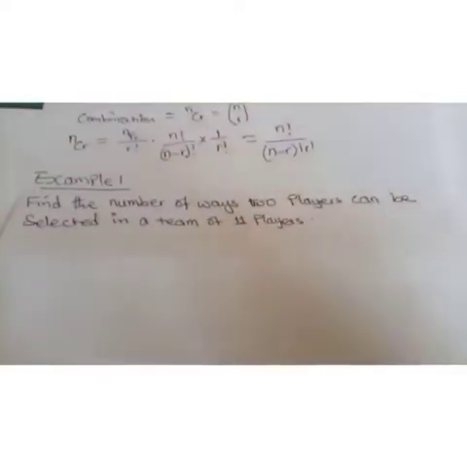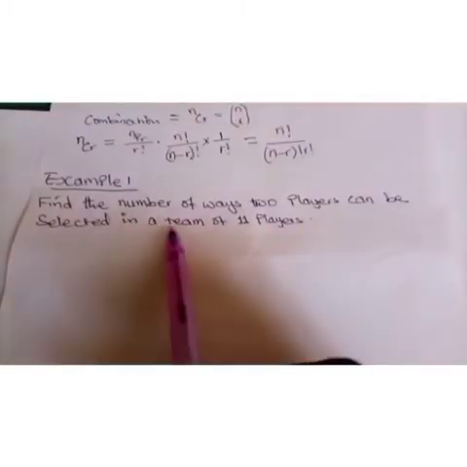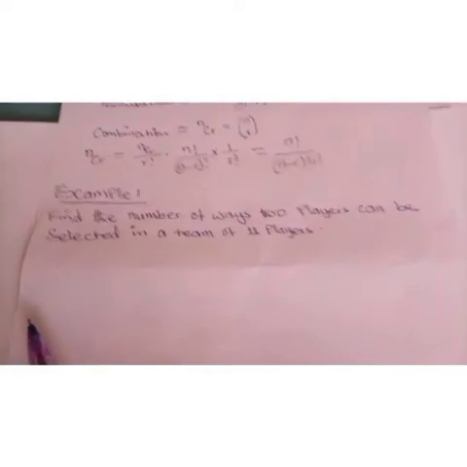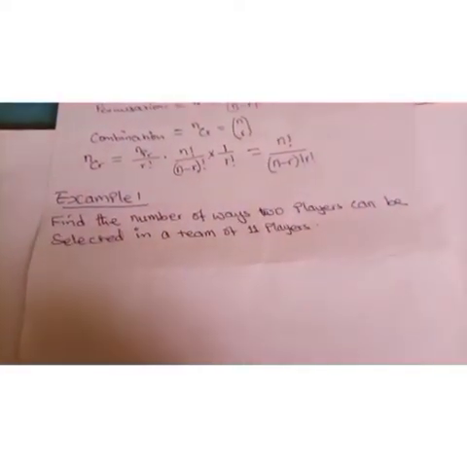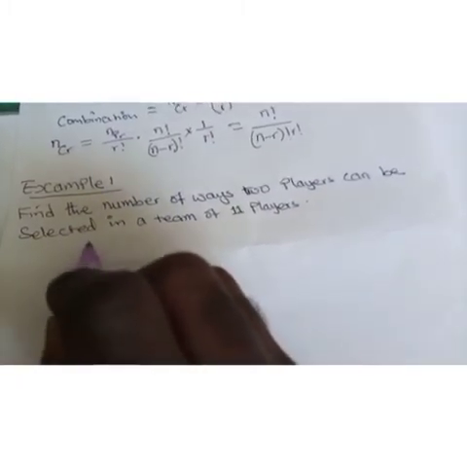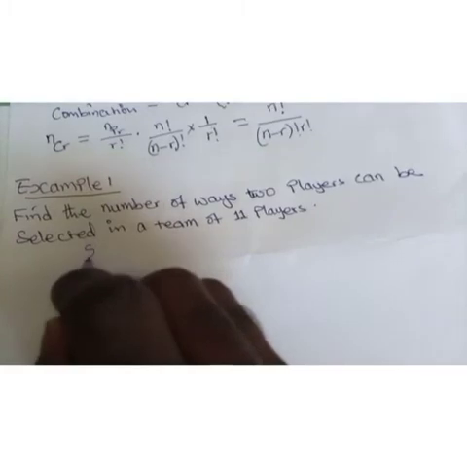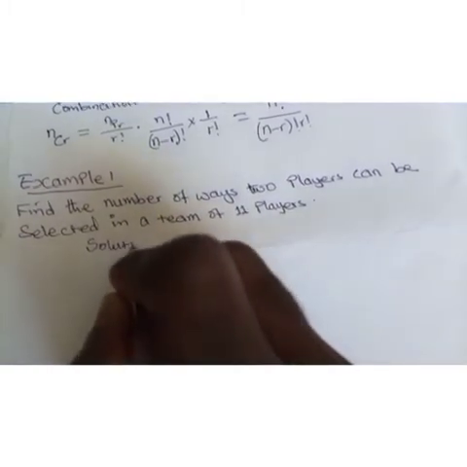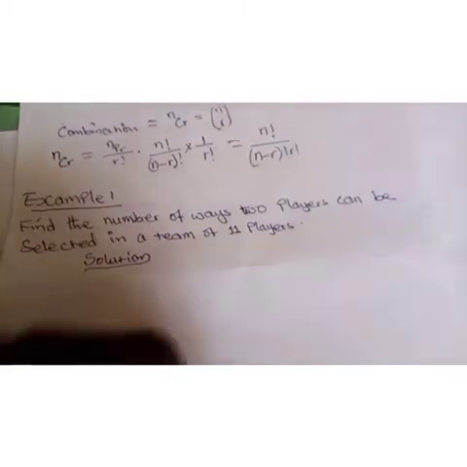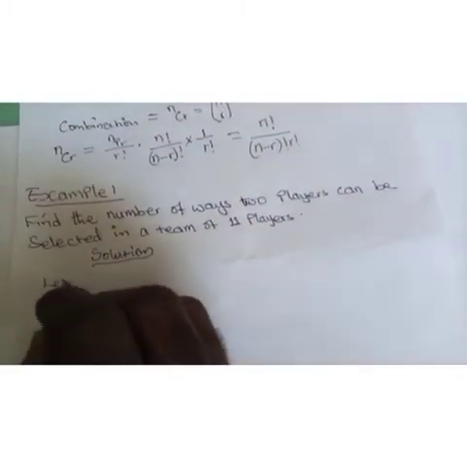Example number 1 says, find the number of ways 2 players can be selected in a team of 11 players. Let's start with the solution.